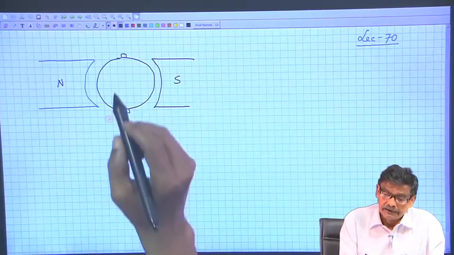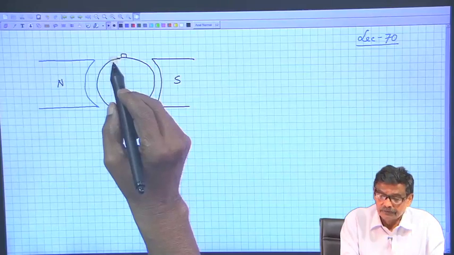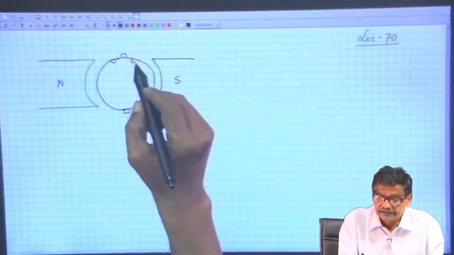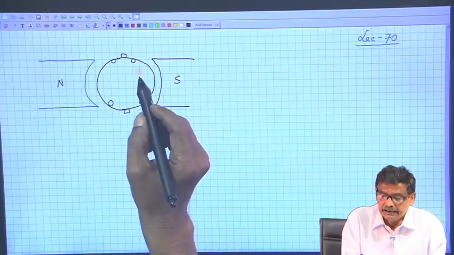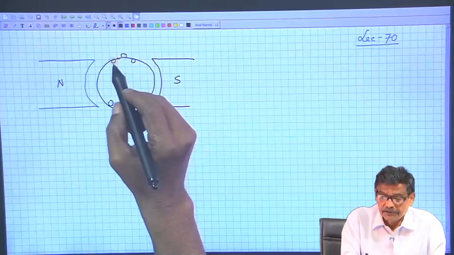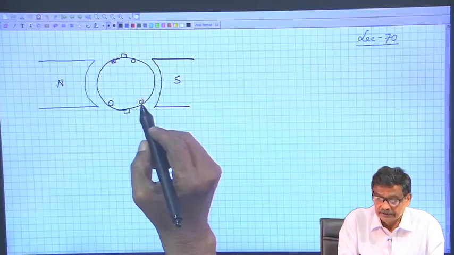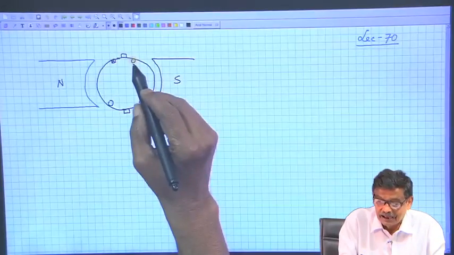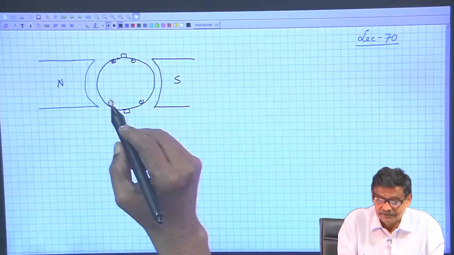And then I told you each coil has to cross from this side to that side. A little while ago, if a coil was here carrying cross and dot current, after some time the same coil will come here and has to carry dot and cross current.